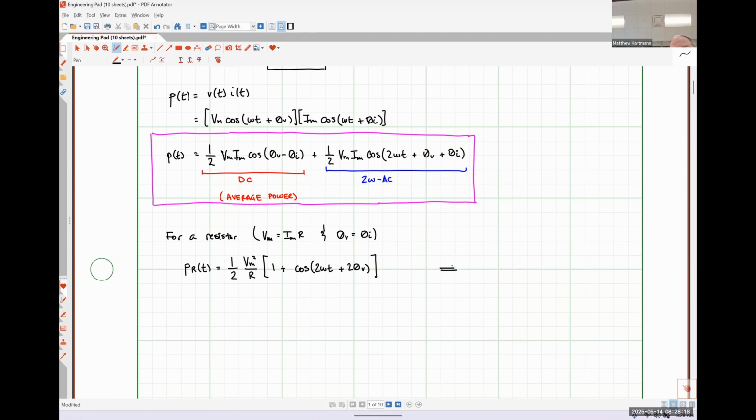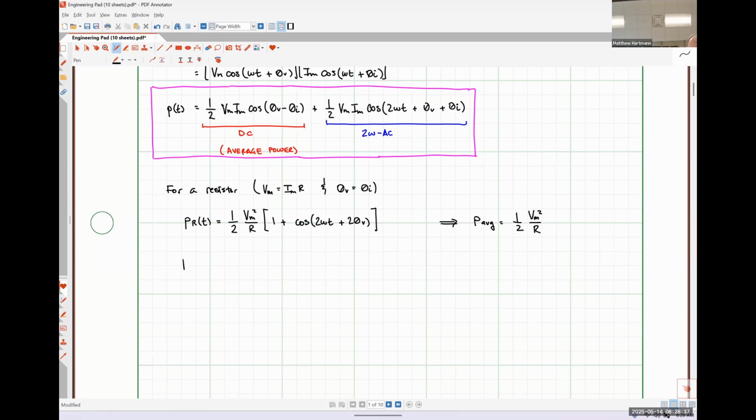And from this, we can easily see that our average power is simply 1/2 VM squared over R. Following a similar treatment, what we'll find is that the power absorbed by a resistor in terms of the current comes out to be 1/2 IM squared times R, multiplied by 1 plus cosine of twice omega t plus twice theta I. And in this case, our average power in terms of current is 1/2 IM squared times R.